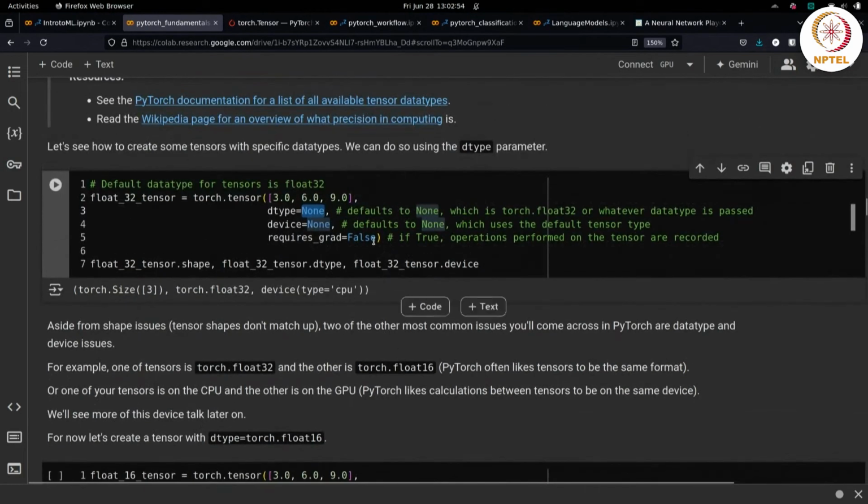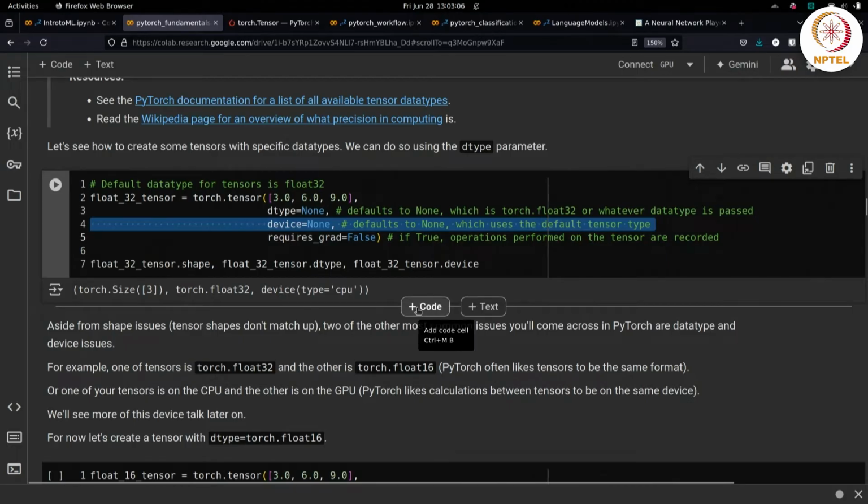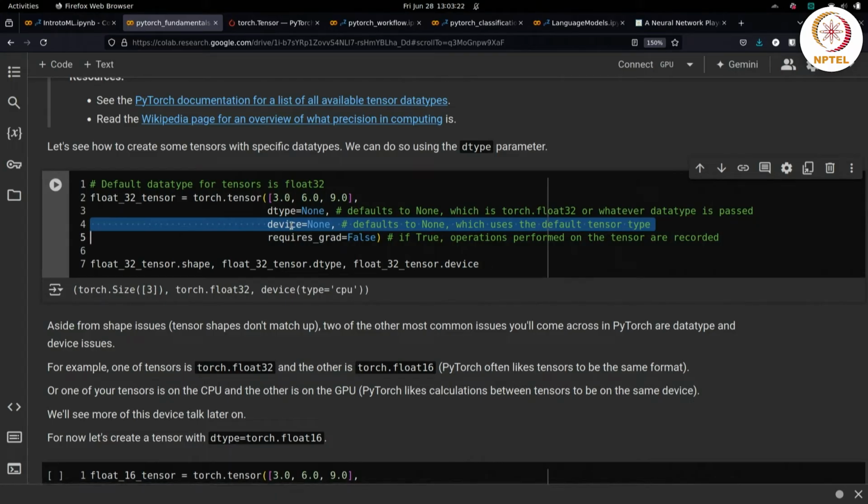Right. One more element that you can see here is this device. As you can probably understand or probably know, GPUs allow for faster training of neural networks, right? GPUs are very good at matrix multiplications, and since the basic essence of neural networks is just a series of matrix multiplications and some other functions on top of them, they are very, very quick when you do it on hardware like a GPU, right?